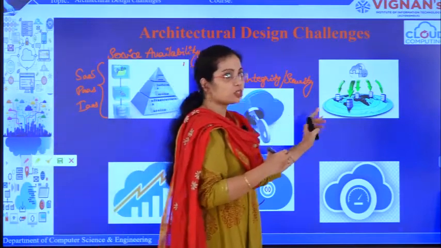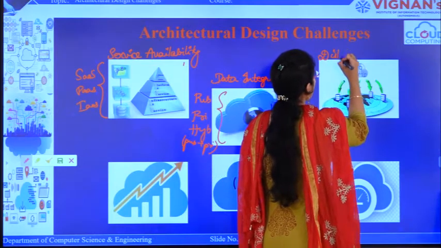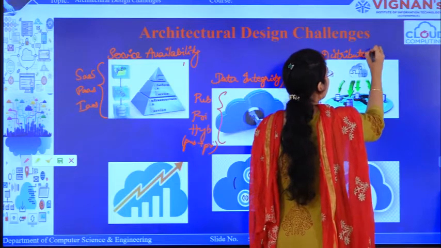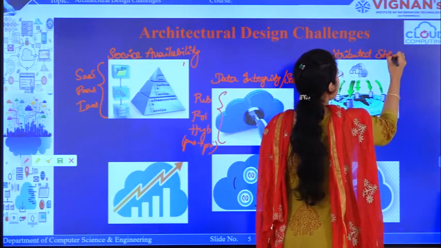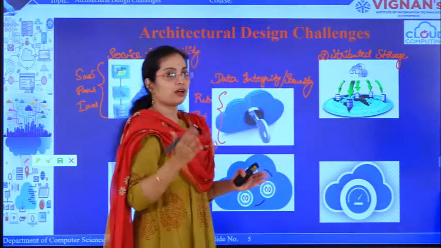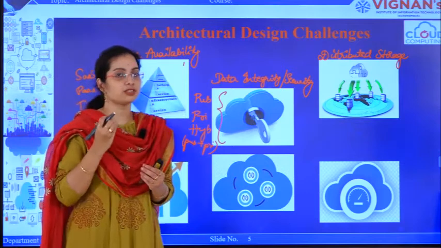The next challenge could be the distributed storage. Why are we talking about distributed storage? Because in the conventional approach, maintaining the storage of the servers became a major headache in order to monitor and manage the servers.